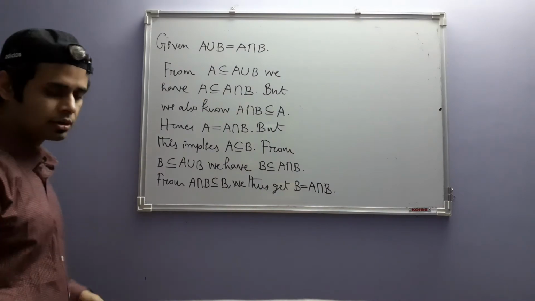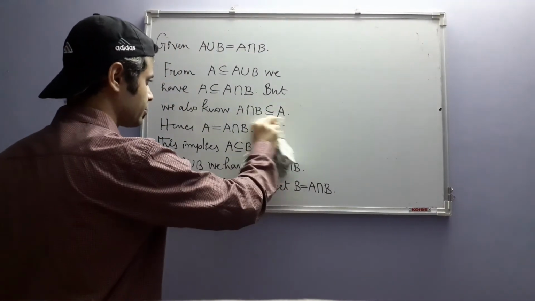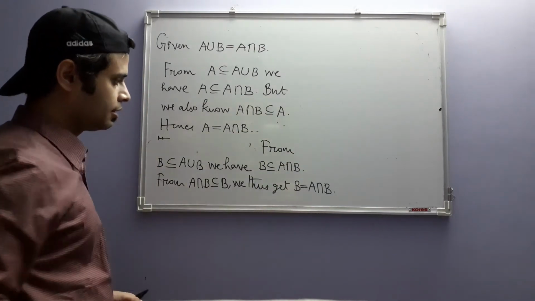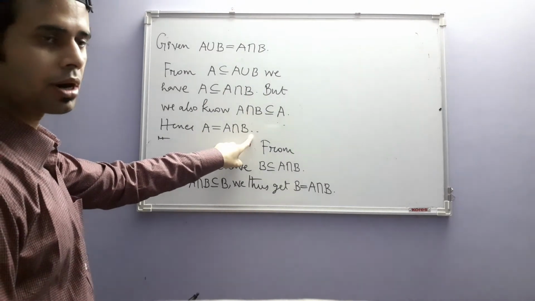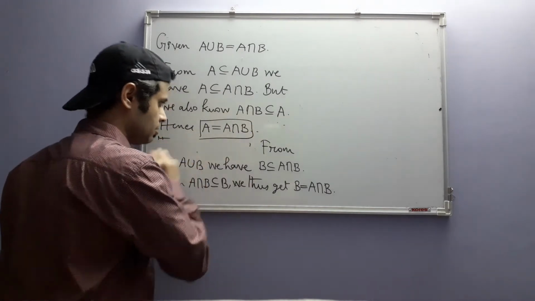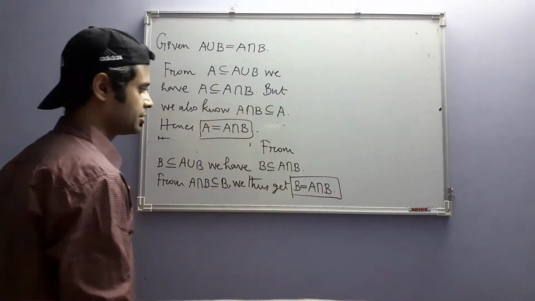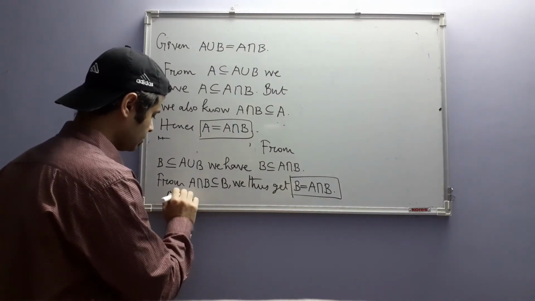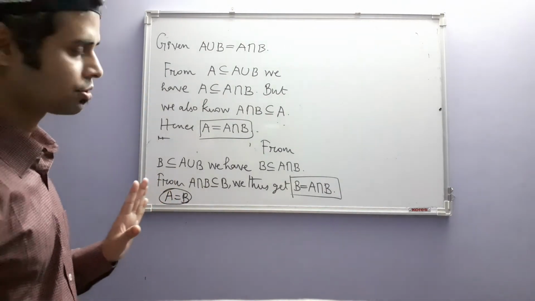Okay, we need not have written this one. We don't need the last property of intersection, because if we have got this equation, and we have got this equation, then from them we automatically have A is equal to B. That's what we wanted to show.